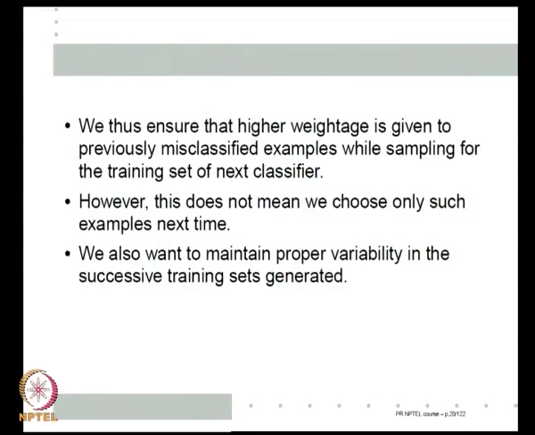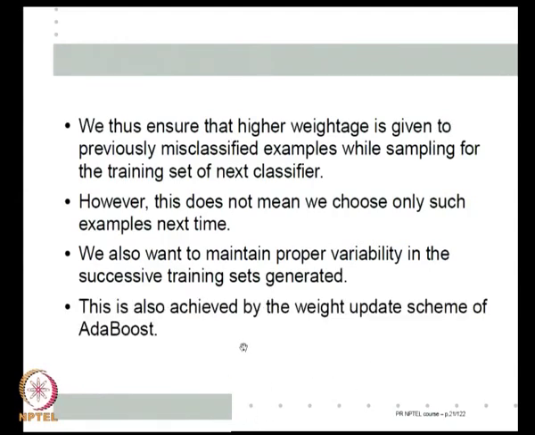We also want to maintain proper variability in the successive training sets that are generated. As you have seen, we want a good balance between misclassified examples and properly classified examples. So, this is also achieved by the weight update scheme of AdaBoost.